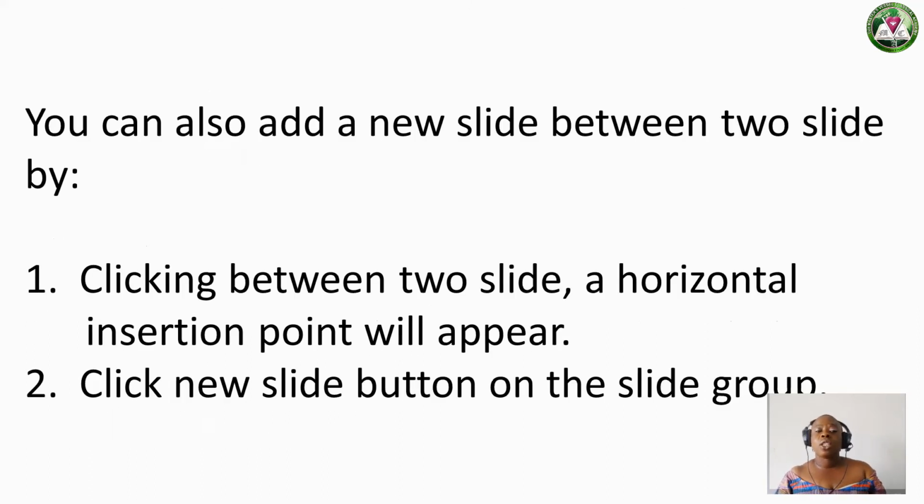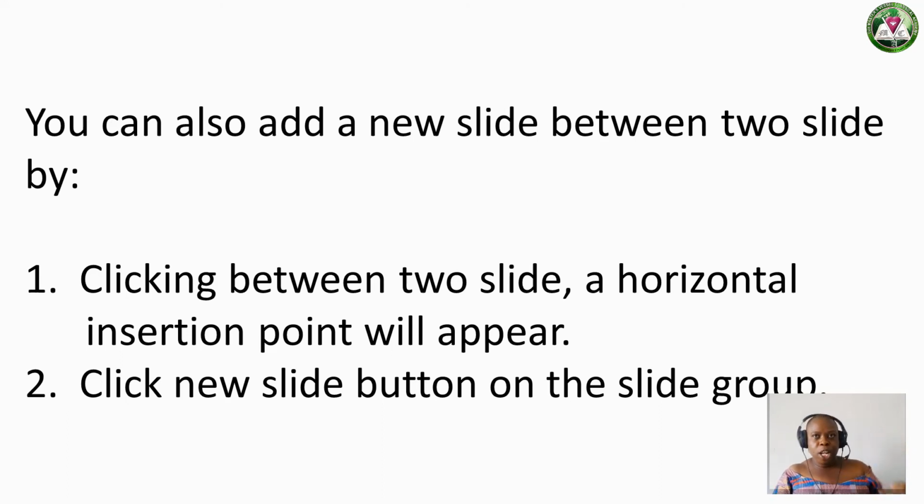You can also add a new slide in between 2 slides. Like I said, slide 1 and 2. You remember there is something that's supposed to come before slide 2, and you just want to attach it. Then instead of erasing all the contents of slide 2, you can add a slide between 1 and 2 and key in the information you want to add.